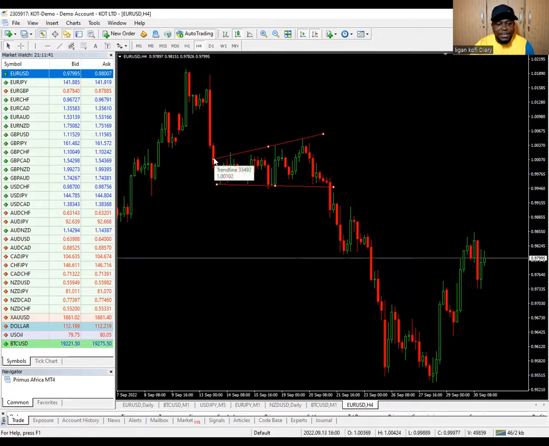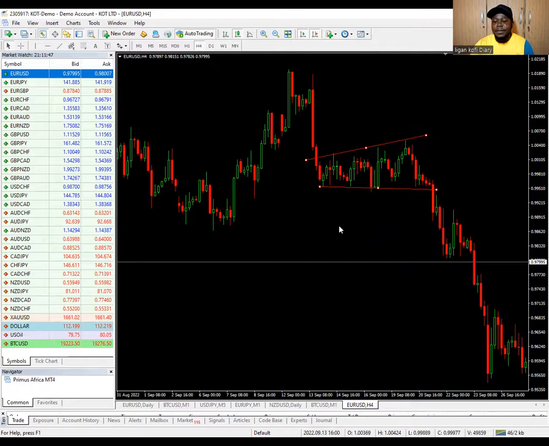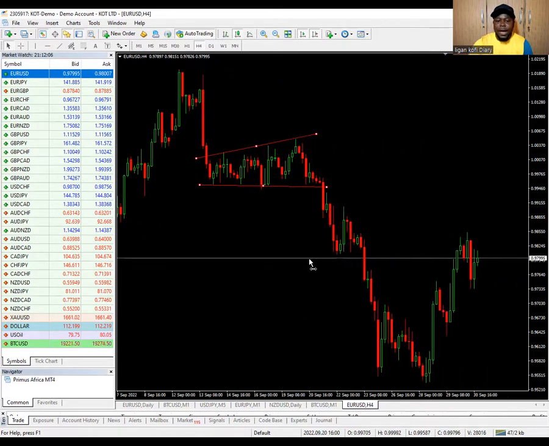What kind of pattern is this? So you see, this is a triangle. Yes, this is a triangle. And like I said, if it's to the upside, then you are expecting what? A reversal to the downside. So this is a triangle.